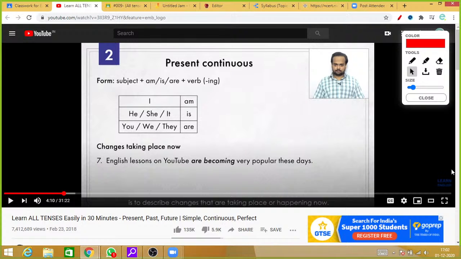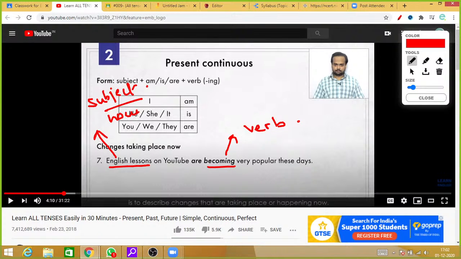No, are becoming. Becoming is a verb. Yeah. English lessons. This is the subject. It is the noun. Noun is always the subject and object is also noun.